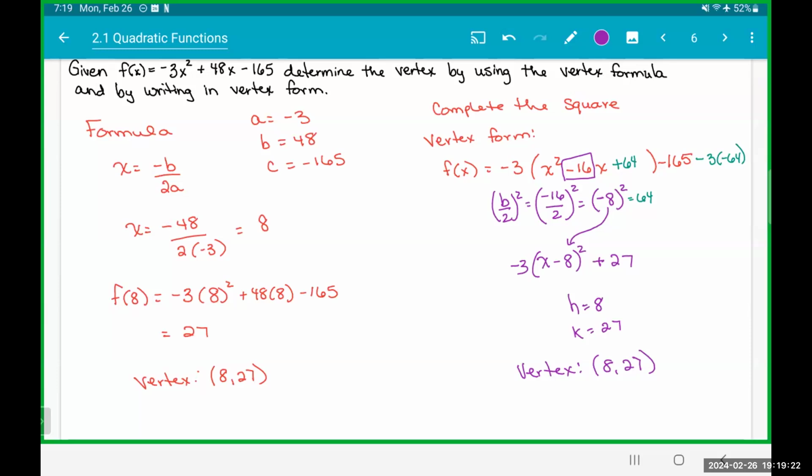I'll reiterate that when we are doing our exam review next week, but as you're doing homework, get in the practice of using the formula when the homework says to use the formula, and vertex form when it says vertex form, so that you practice both methods.